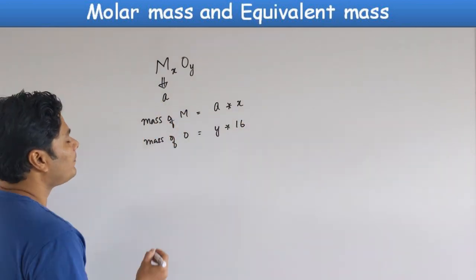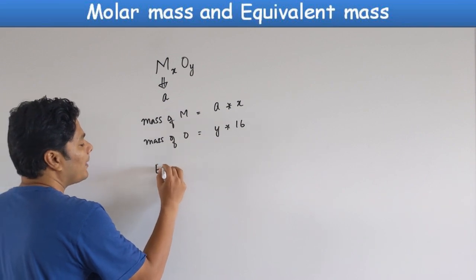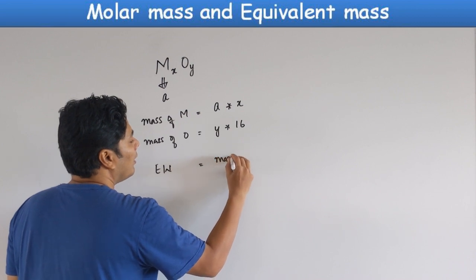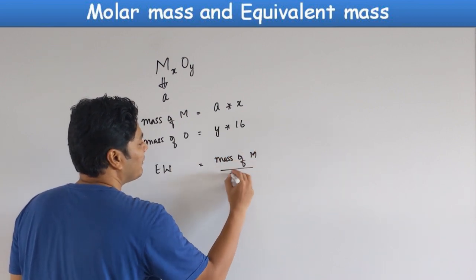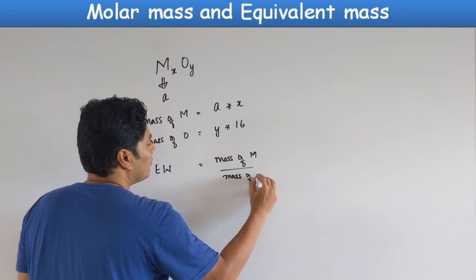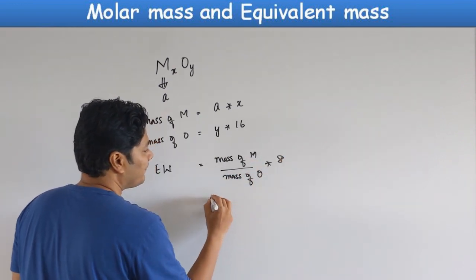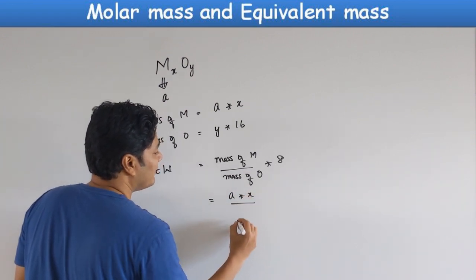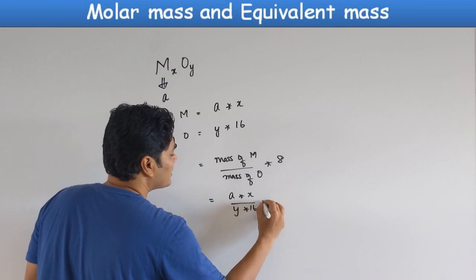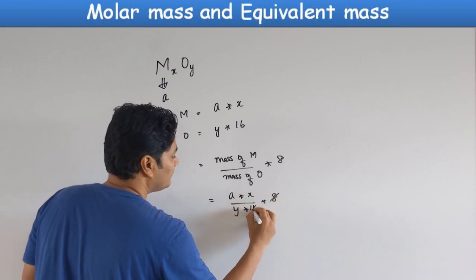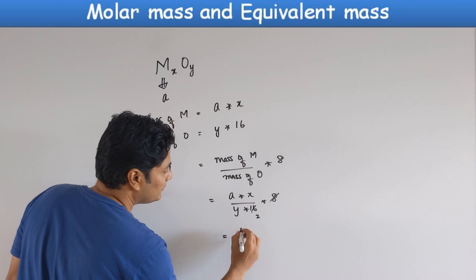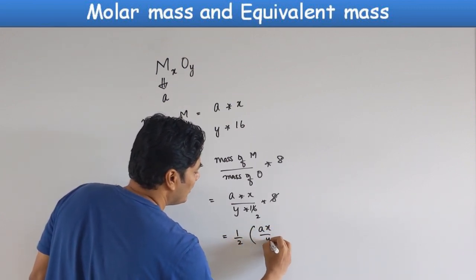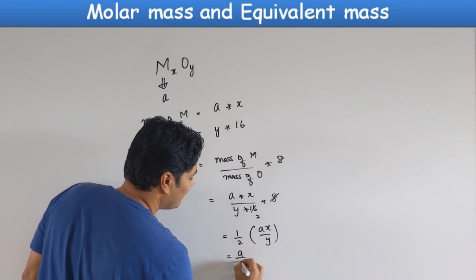Now equivalent weight equals mass of M divided by mass of oxygen times 8. So that would be A times x divided by y times 16, times 8. That would give you 1 by 2 times Ax by y, or alternatively you can write A by 2 times x by y.